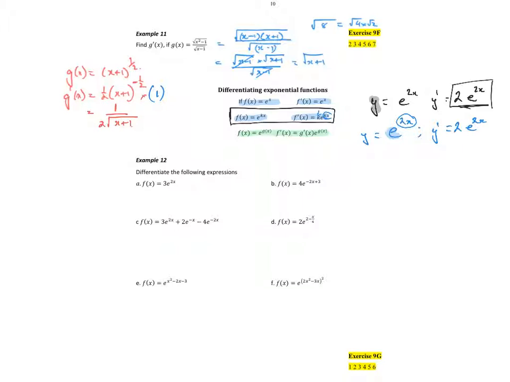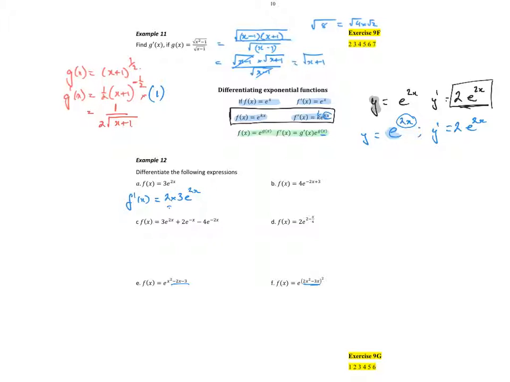If we have a more complicated expression in the power, okay, look at some of these down here at f and e, well then we differentiate the power, bring it out the front, leave the power the same. So f dash of x is equal to, differentiate the power, so the derivative of 2x is 2. 2 times 3e, leave the power the same.